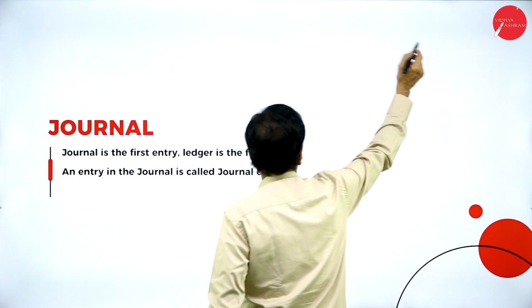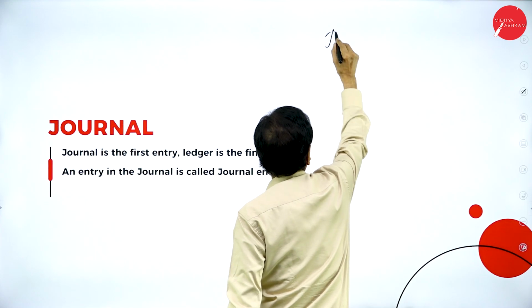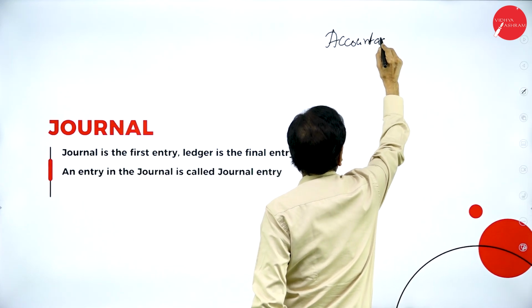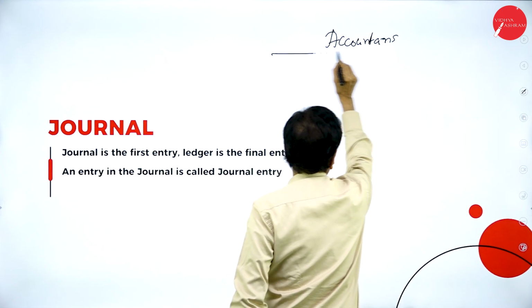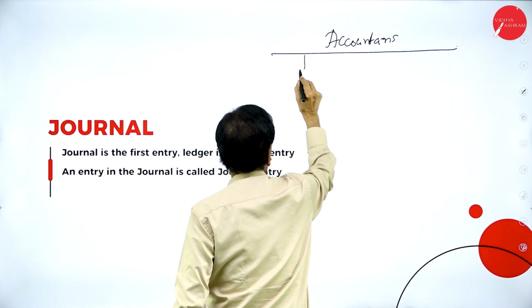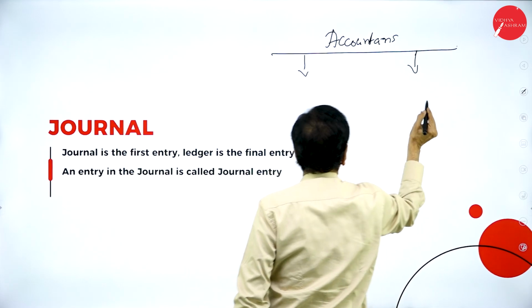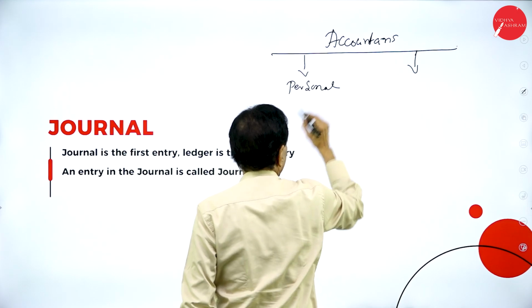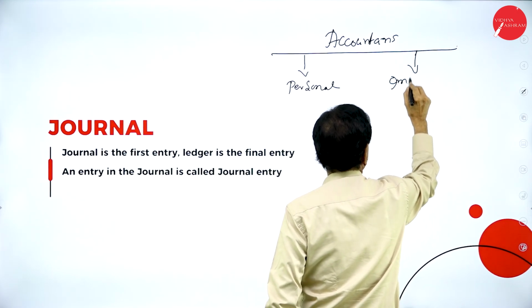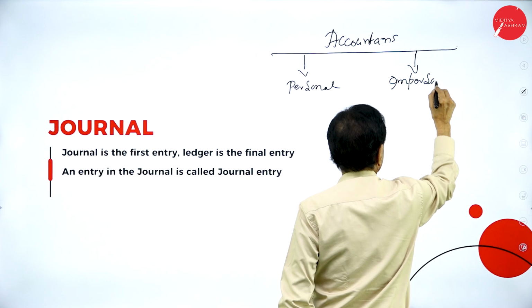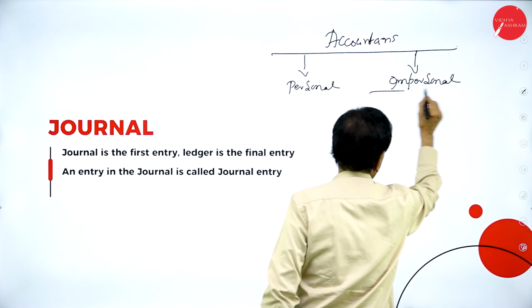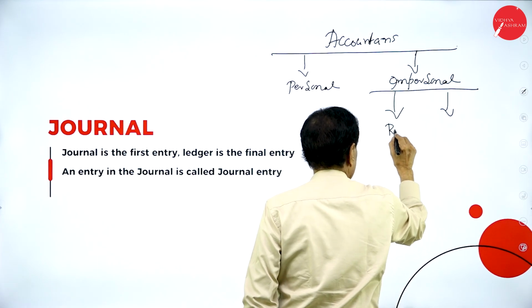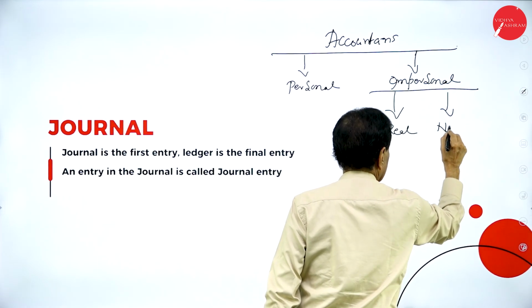Here we say that accountancy can be divided into two groups: personal, impersonal. This will be subdivided into real, nominal.